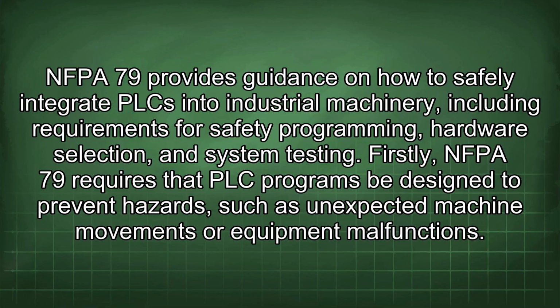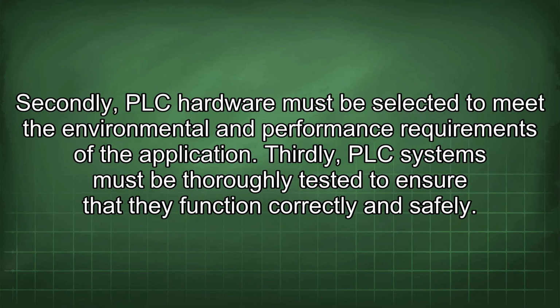Firstly, NFPA 79 requires that PLC programs be designed to prevent hazards, such as unexpected machine movements or equipment malfunctions. Secondly, PLC hardware must be selected to meet the environmental and performance requirements of the application. Thirdly, PLC systems must be thoroughly tested to ensure that they function correctly and safely.